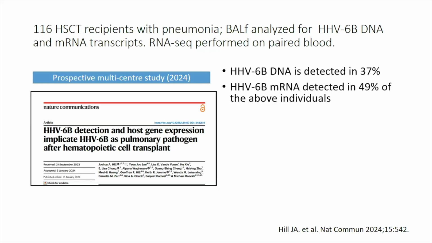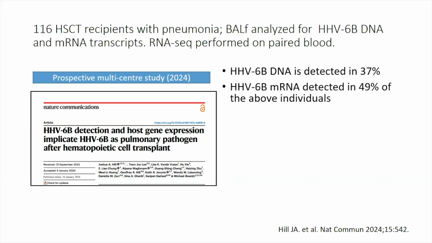And what they found was that HHV6B DNA was detected in 37% of these BAL samples, and the mRNA was detected in half of these patients in whom the viral DNA was detected.